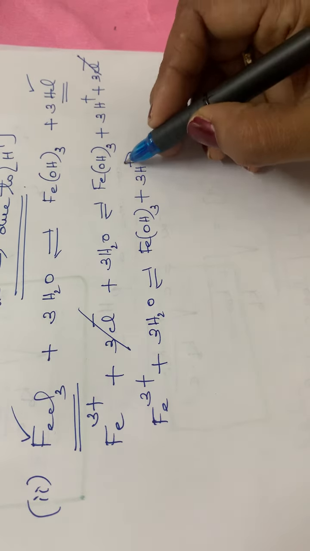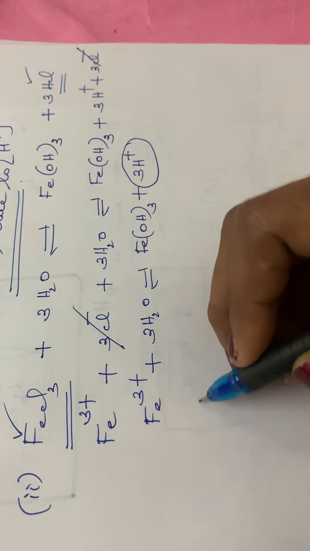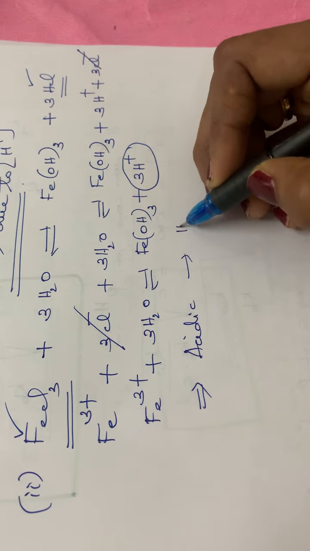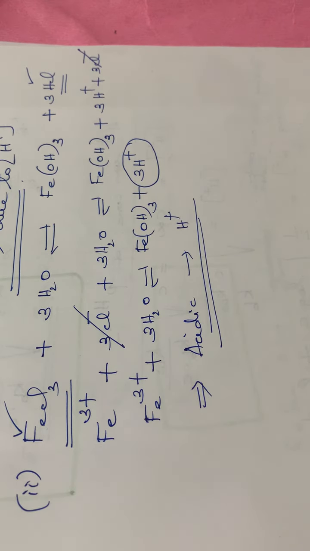So here also the resulting solution will have H plus ions in excess. Therefore, the resulting solution will be acidic due to the presence of H plus ions.